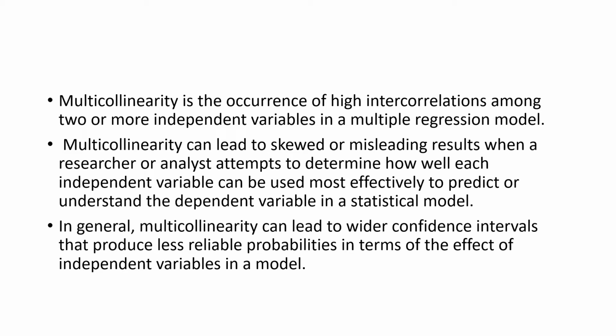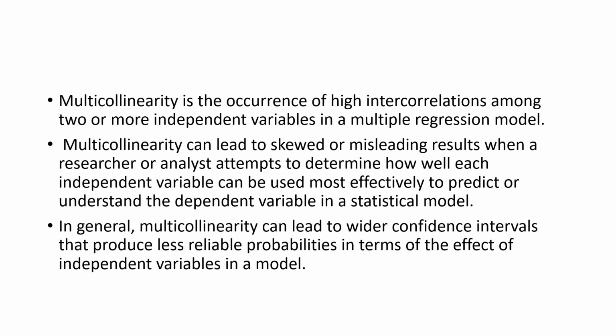The effect of multicollinearity is that it might lead to skewed or misleading regression results. As a result, the researcher or the person who is interpreting the result would not be able to tell the effectiveness of the model. If you are using the model for making some kind of predictions, the effectiveness of the model would be hampered if you have the problem of multicollinearity in your model.